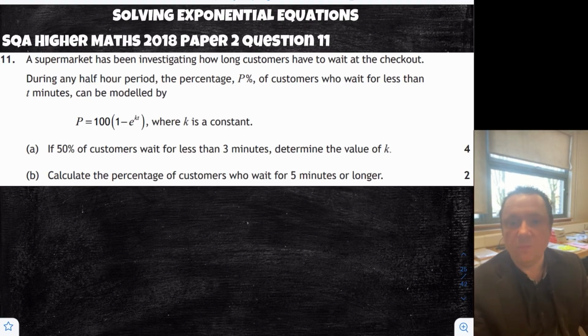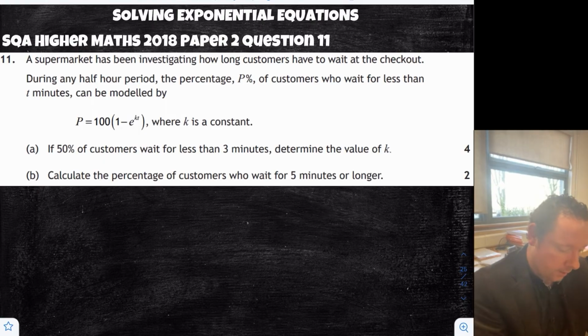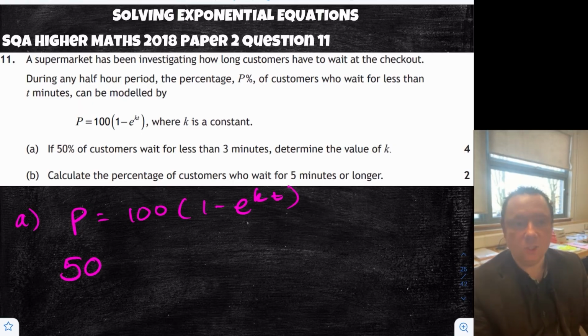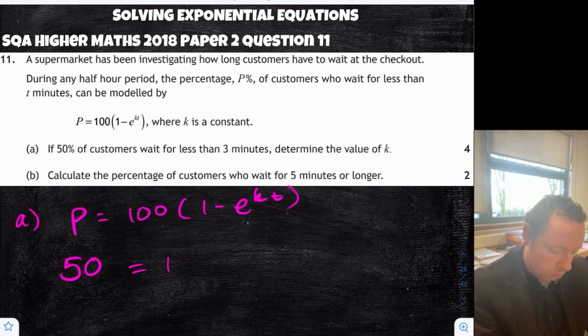So I've got two values that I can just substitute in. So for part A, P equals 100(1 minus e to the kt). So 50, our percentage, equals 100 times (1 minus e to the power of 3k), because t is 3.